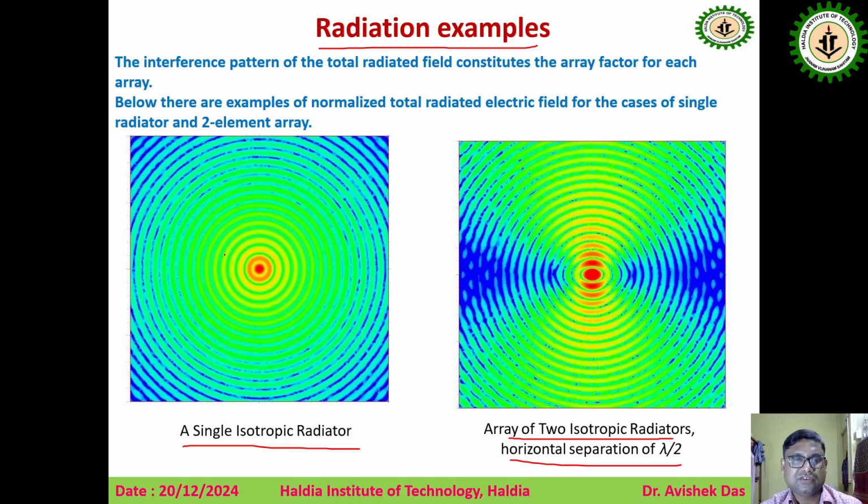This one is the radiated field from the single isotropic element, and this one is when two isotropic elements are placed together, forming the two element array. Therefore we can find that due to the interference the radiation pattern also changes, right? So this is the effect when we increase the number of elements; we can see what changes occur in the radiation.